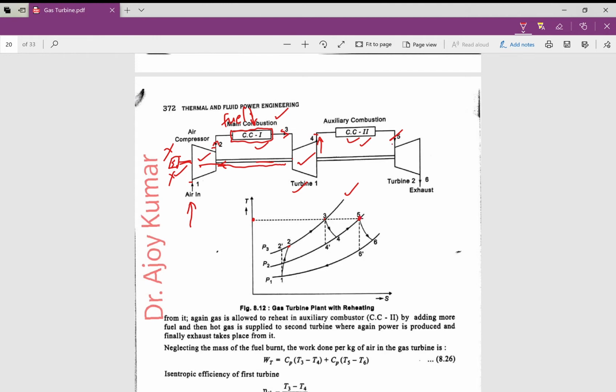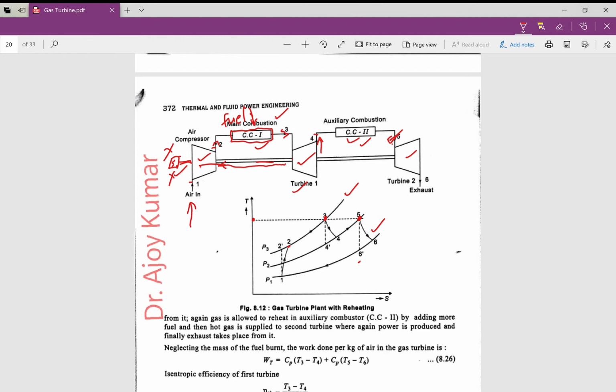It is shown T5 is equal to T3, and then hot gas is supplied to turbine number 2, which produces power. The isentropic expansion is 5 to 6 dash, and the actual expansion takes place in process 5 to 6.